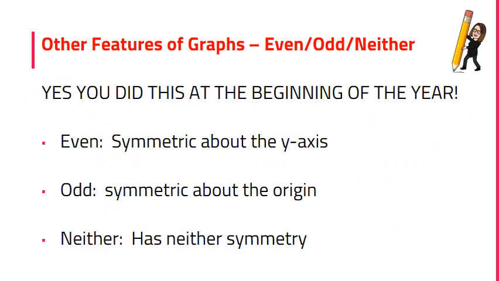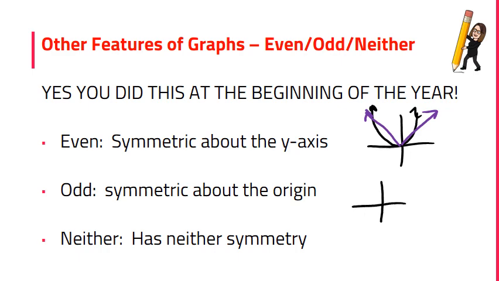The last key thing we're going to talk about is even, odd, or neither. And here's the thing, guys, you've already done this at the beginning of the year. It's even if it's symmetrical around the y-axis, right? So that looks like maybe a parabola. Maybe we have some type of absolute value graph that's reflected in the y-axis. Odd means it's symmetric about the origin.